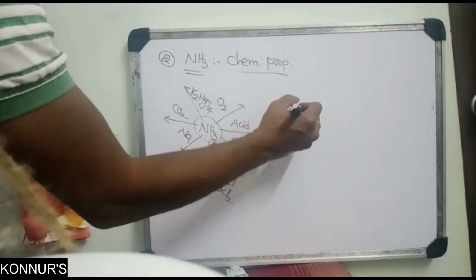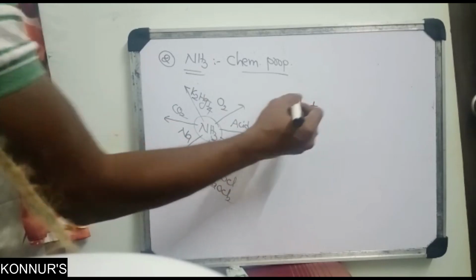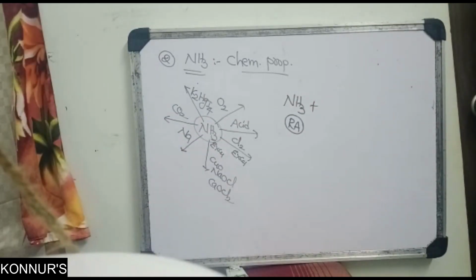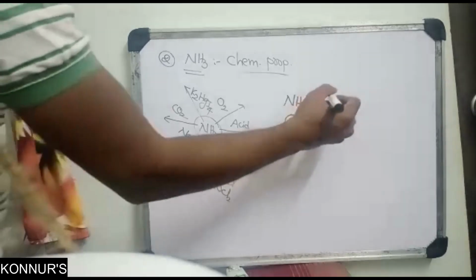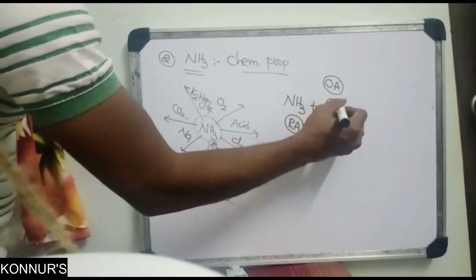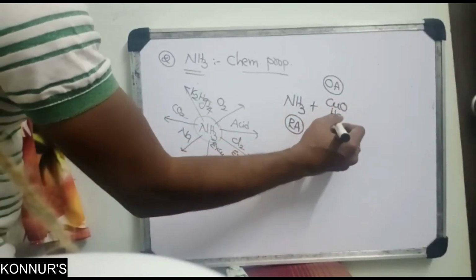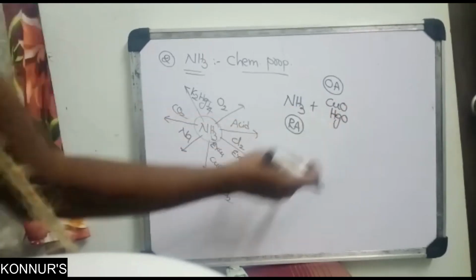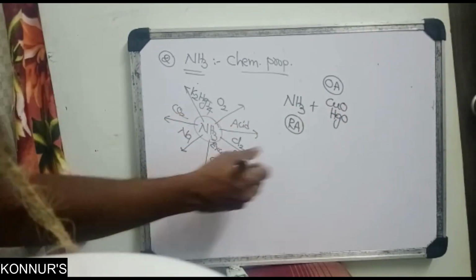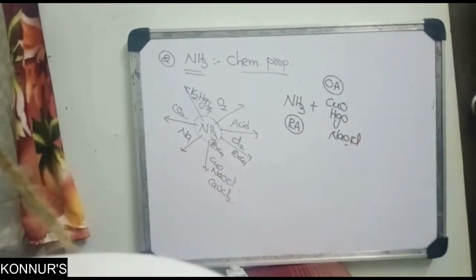Next, see NH3. NH3 is what? A reducing agent, because it supplies hydrogen. So you take oxidizing agents. So what are oxidizing agents? Copper oxide, which is unstable, with large size and small size of oxygen. Mercury oxide, also large size and small size of oxygen. Next, sodium hypochlorite, nascent oxygen.